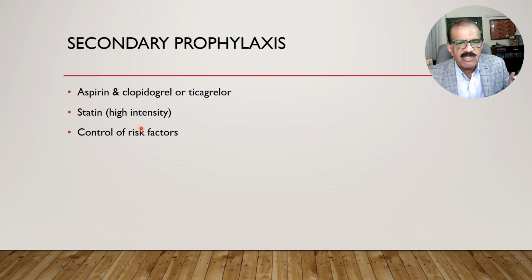High intensity statins are recommended. High intensity statin means atorvastatin 80 mg or rosuvastatin 40 mg, and in our country we usually give half of that. 40 mg of atorvastatin or 20 mg of rosuvastatin is considered high intensity statin. Then control of risk factors like smoking, diabetes, hypertension, they should all be controlled.